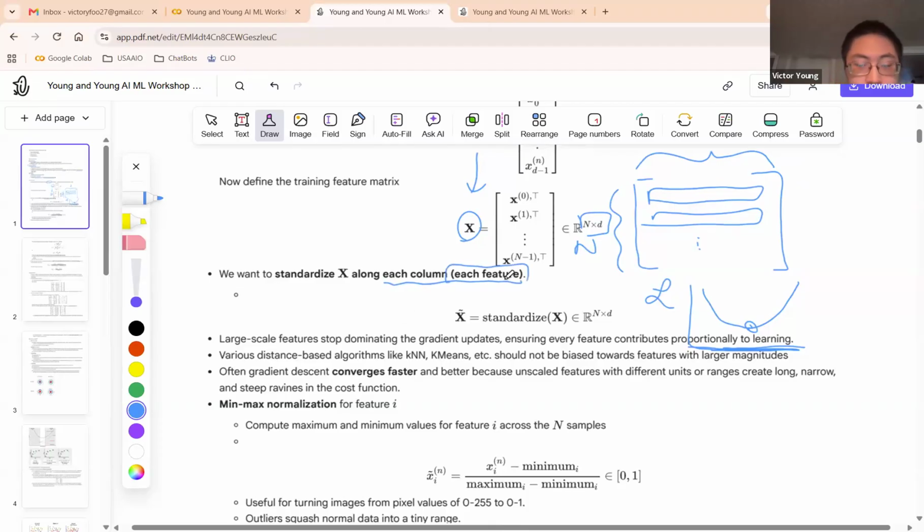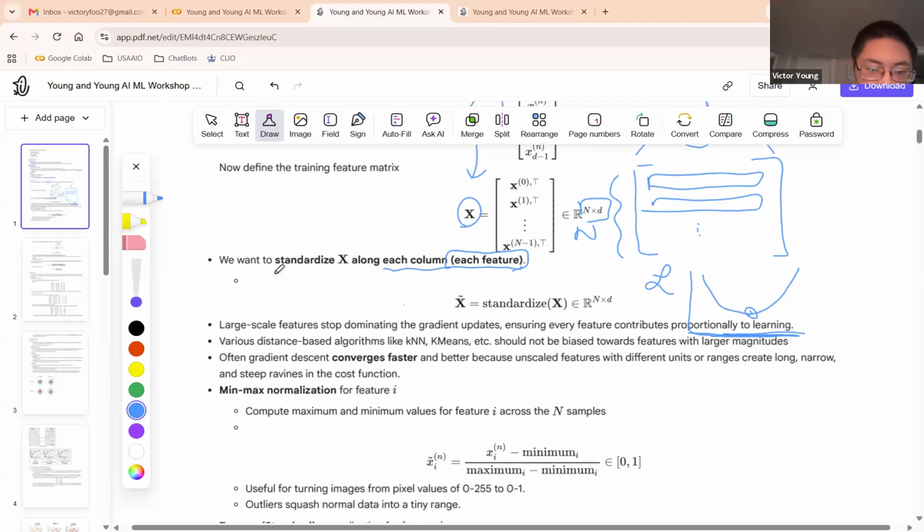For every sample, we get the number of bathrooms, so it can be 1, 2, or 3. And then we standardize that, because we can say the mean number of bathrooms and the standard deviation of number of bathrooms all make sense. So we want to standardize X along each column.